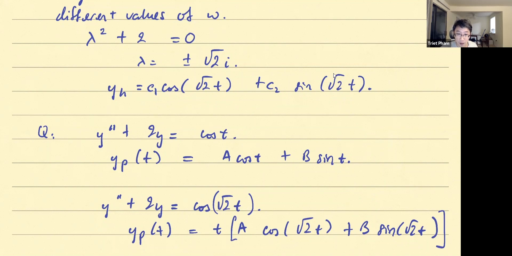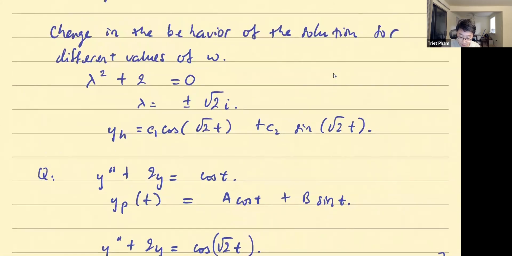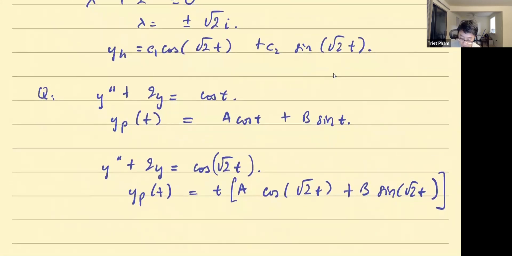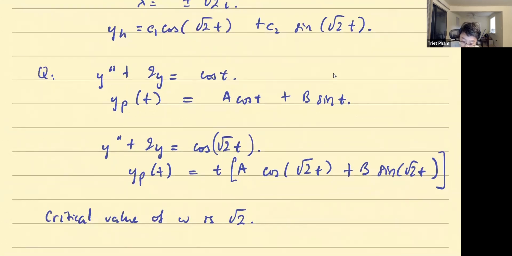Okay. So you see, the point is that the critical value of omega in this case is square root of 2. Because at square root of 2, this is the form of the solution.